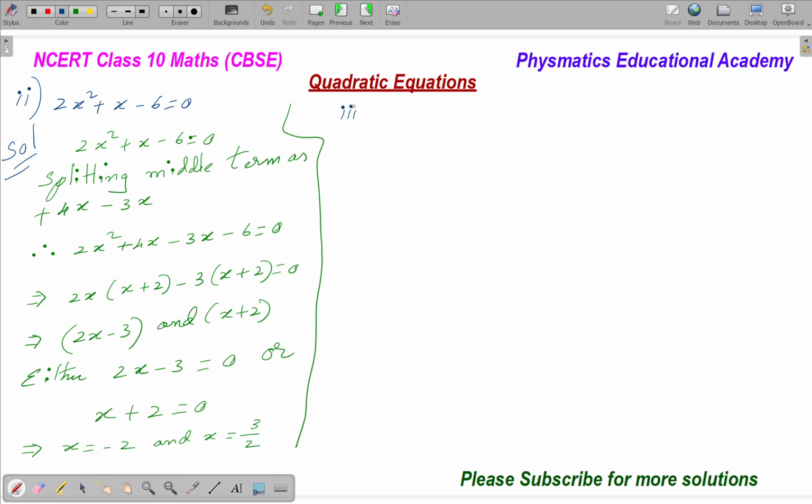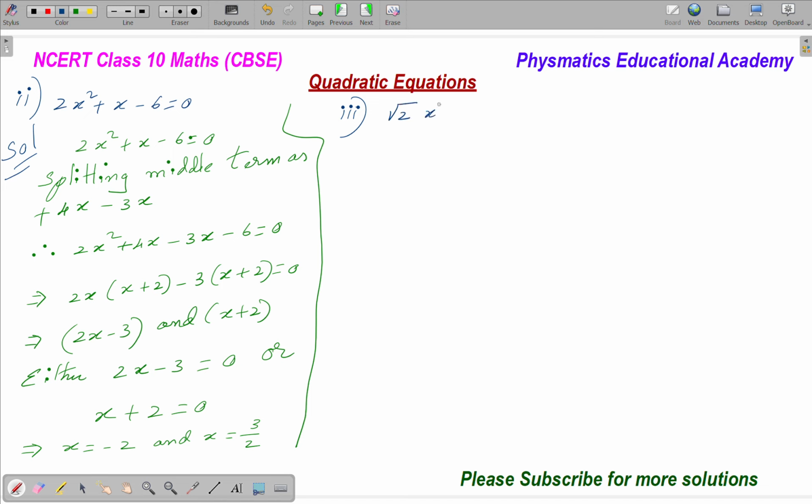Now question number 3. Root 2 x square plus 7x plus 5 root 2 is equal to 0.